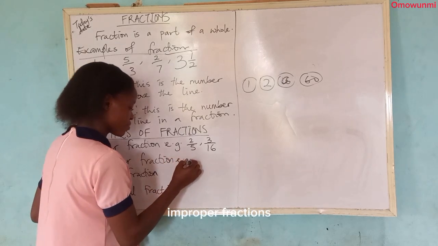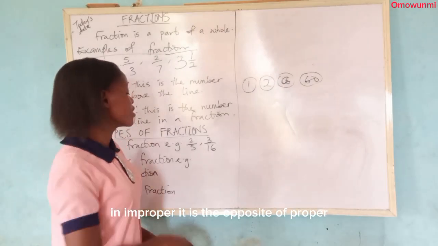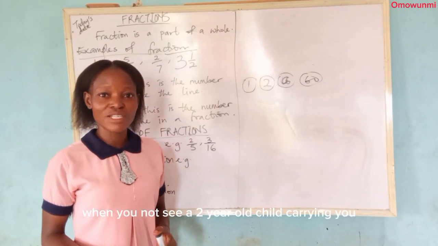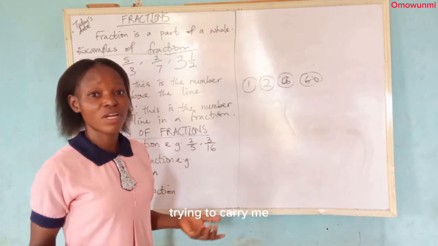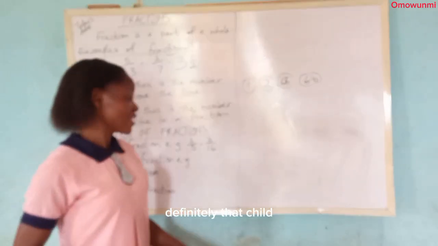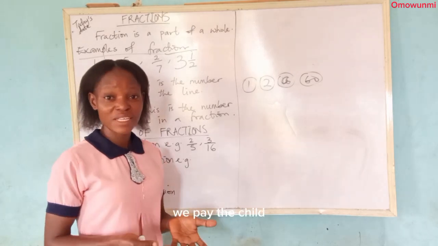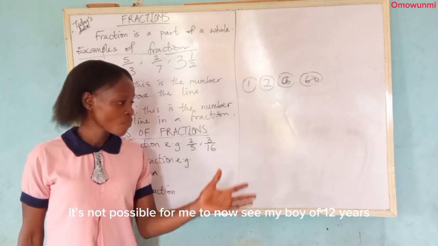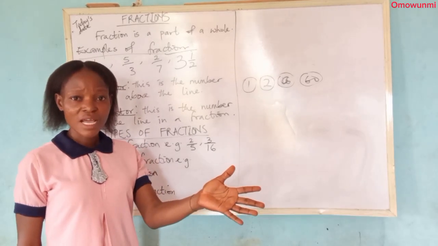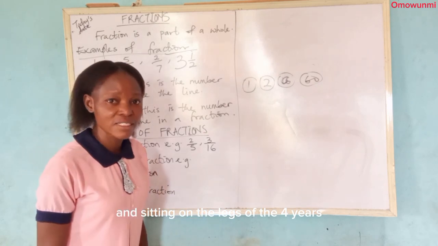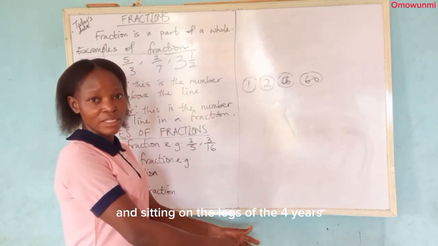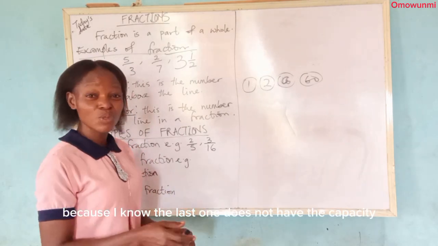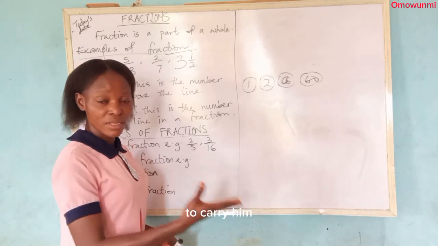Improper fractions. Improper is the opposite of proper. It is improper when you see a 2-year-old child trying to carry me. Definitely, that child's neck will pain because it is improper. It is not possible for my boy of 12 years to sit on the legs of a 4-year-old, because that one does not have the capacity to carry him.